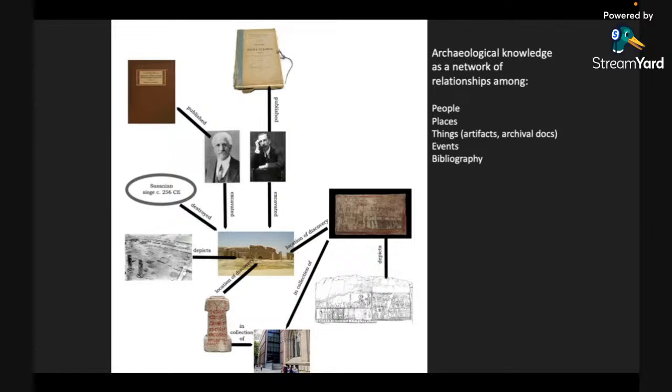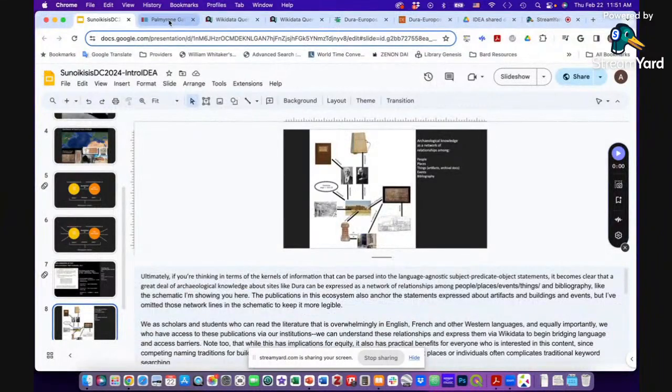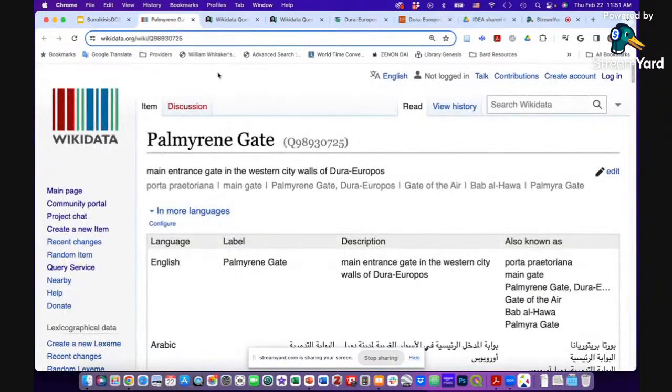Wikidata also allows for built-in visualization of data in various formats. So you can do that in timelines or maps or graphs, all drawn from this network of relationships that we're expressing. So let me shift over now to Wikidata to talk you through some of the demos to illustrate what I've been talking about with regard to multilinguistic benefits and those built-in visualizations.